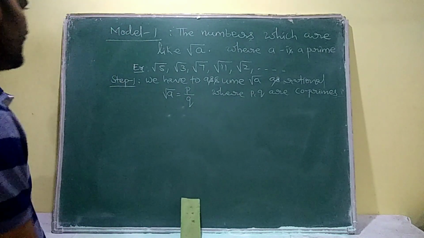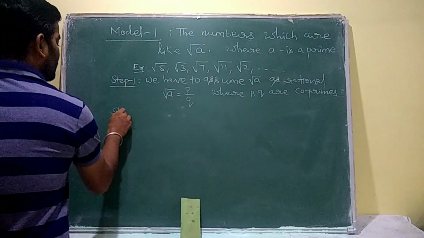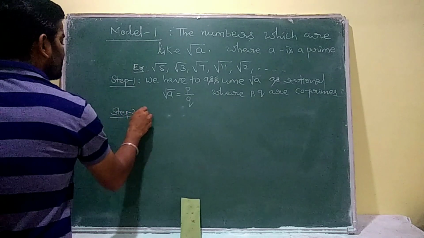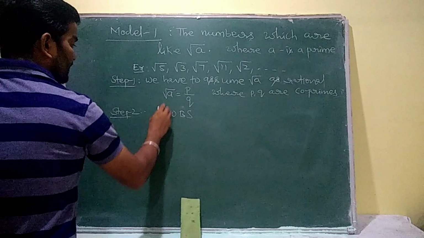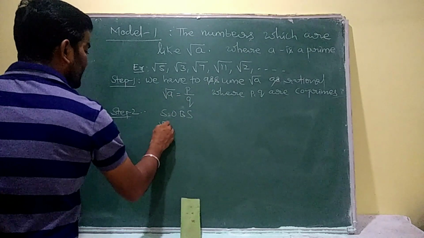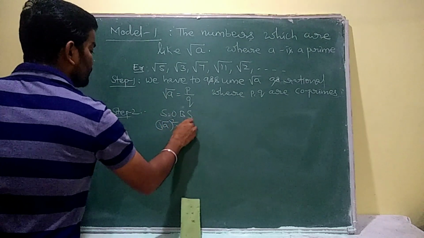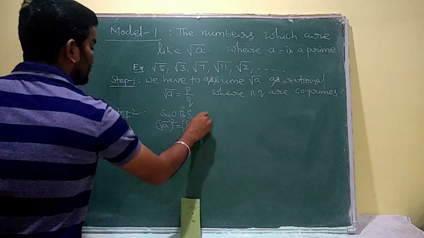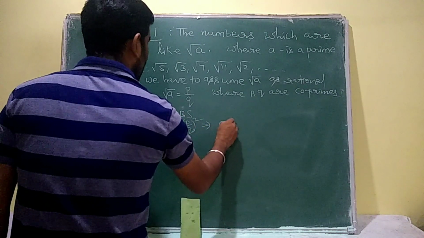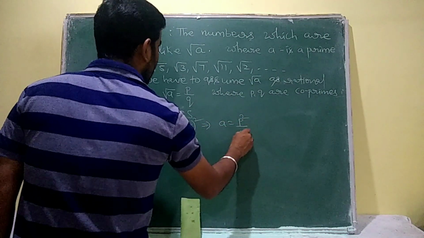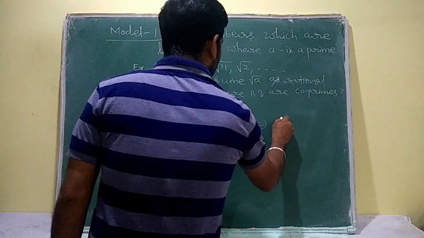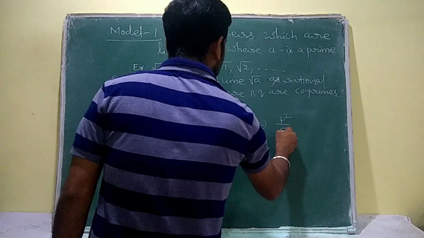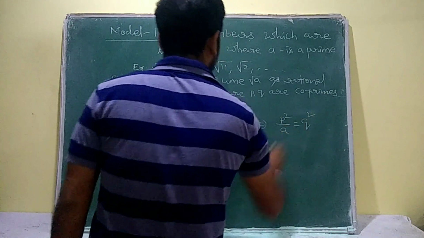Now step 2. In this step 2, squaring on both sides. Then root A whole square is equal to P by Q whole square. That indicates A is equal to P square by Q square. By this I will write P square by A is equal to Q square.